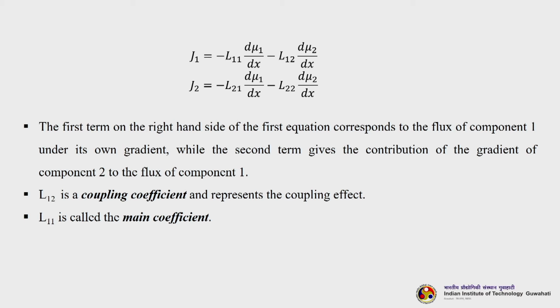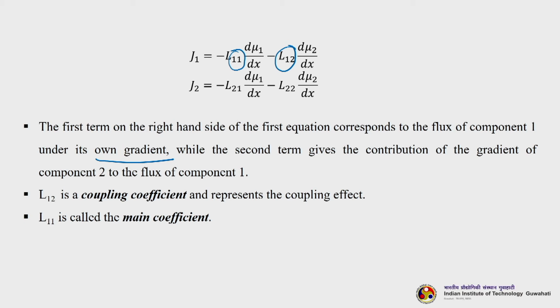Now, what are those terms? The first term on the right hand side of the first equation corresponds to the flux of component 1 under its own gradient, while the second term gives the contribution of the gradient of component 2 to the flux of component 1. That means component 2 is also affecting the flux of component 1, and how it is affecting can be expressed using that particular equation.